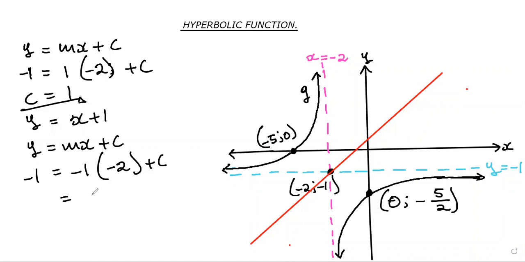So -1 times -2 is a +2. Then you take this +2 to the left, it becomes negative. So -1 minus 2, it's -3. So this means the value of c is just going to be -3. So the equation will simply be y equals -x minus 3.